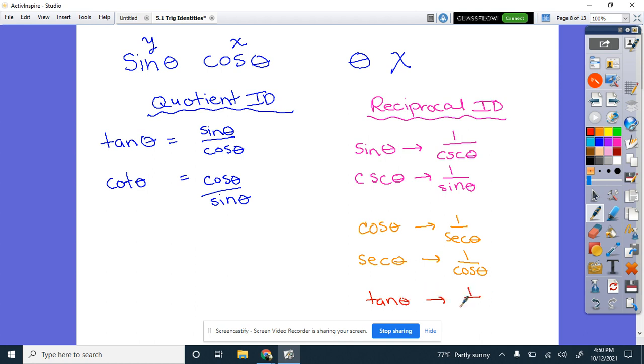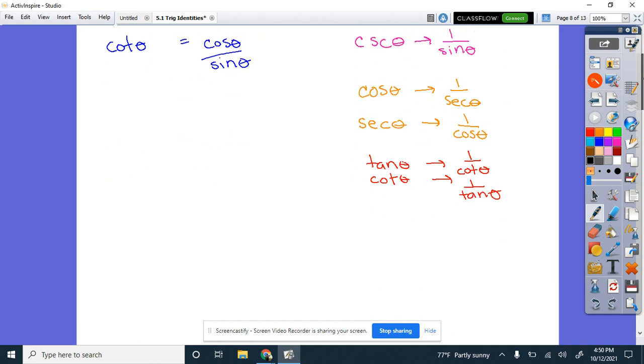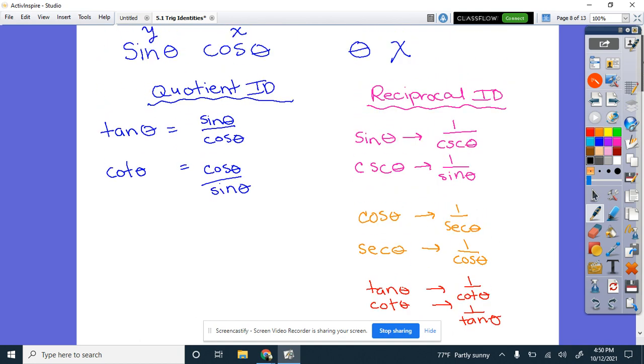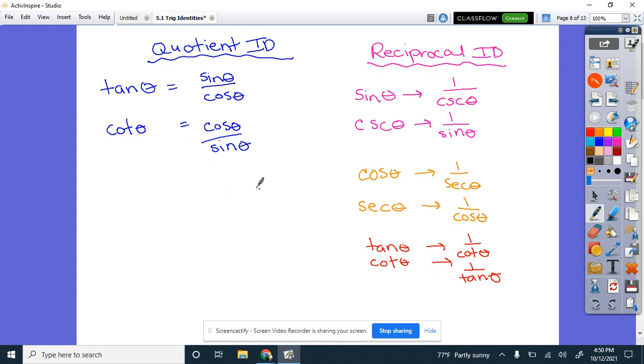So we could write that as 1 over cotan theta. And of course, cotangent will be 1 over tangent. All right, so again, to recap so far, we've got quotient and reciprocal identities, right?